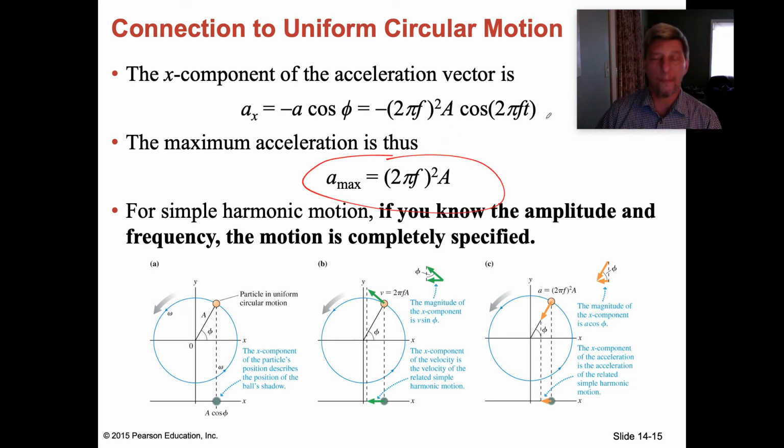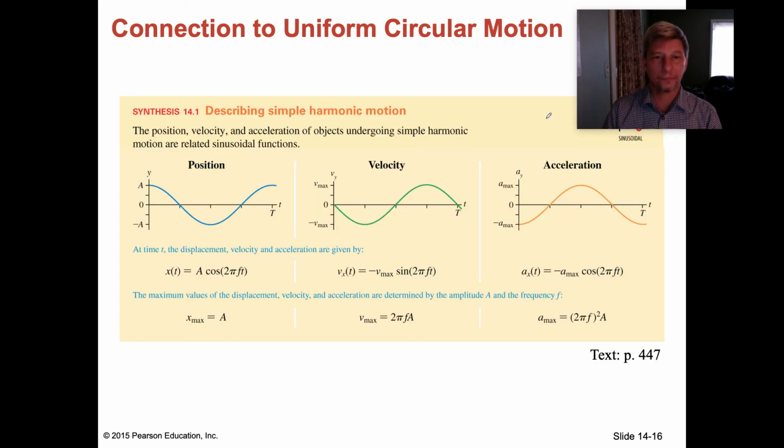And the maximum acceleration is going to equal 2 pi times f, quantity squared, times the amplitude. And so the moral of the story is, if I know the amplitude and the frequency of an object in simple harmonic motion, we can calculate the displacement, the velocity, and the acceleration using the three formulas that you saw.